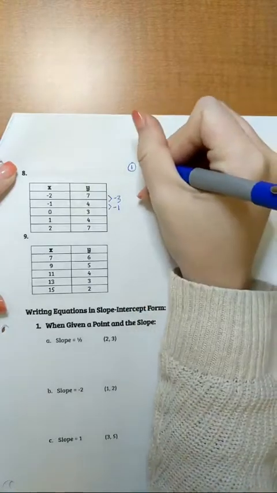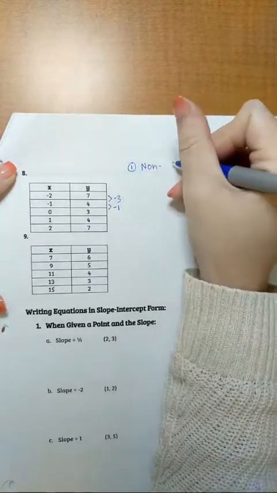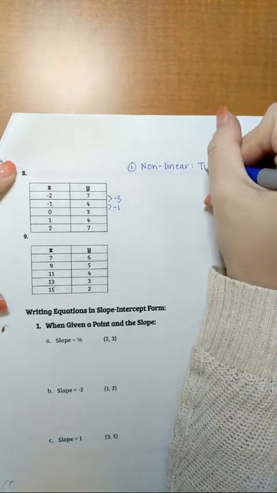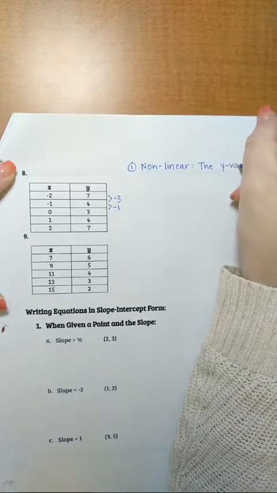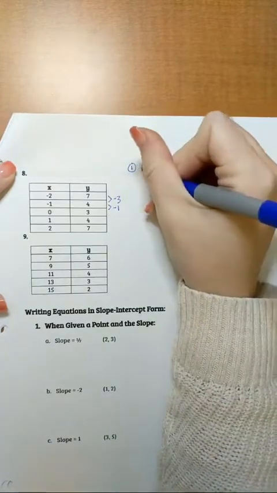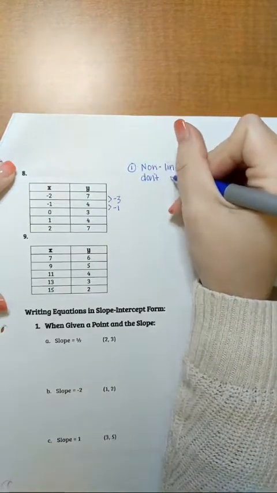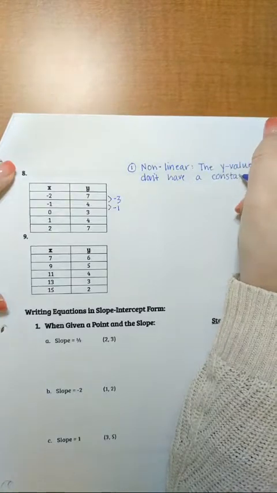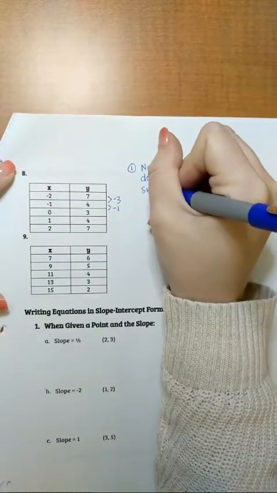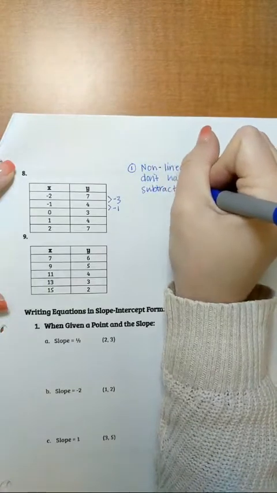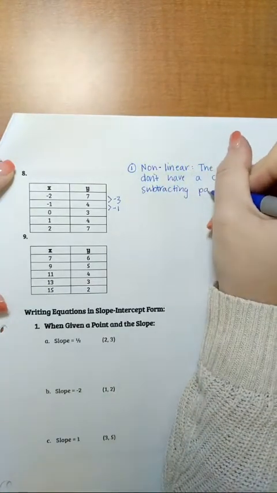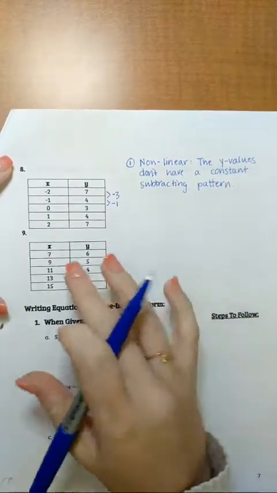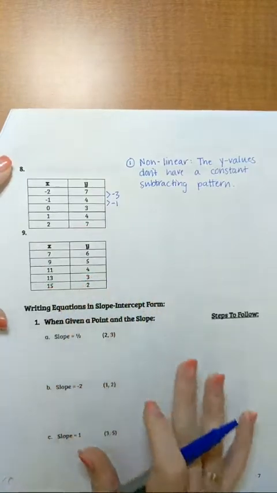So right now I can already tell that this is going to be nonlinear, and that is because the y values don't have a constant subtracting pattern. But that's all that I have to do. Okay, so I want you to do number 9 on your own.